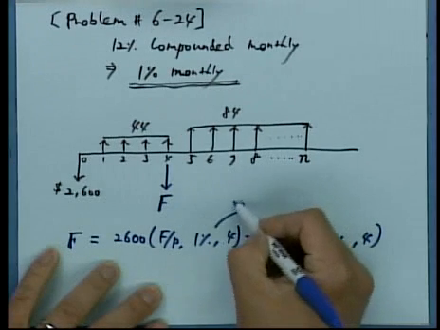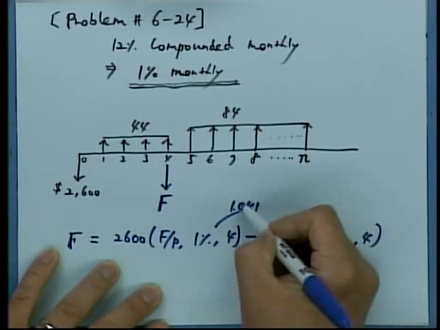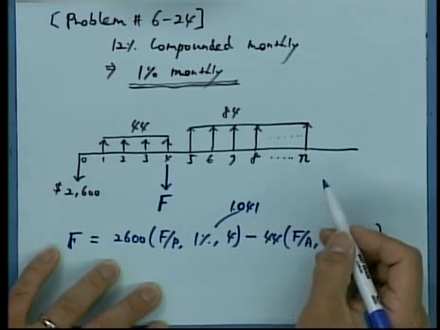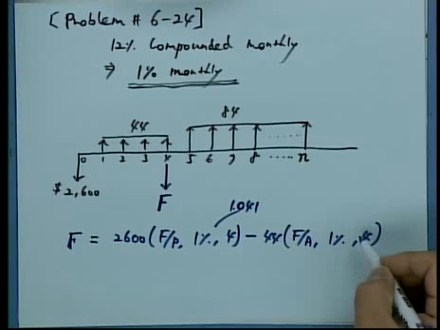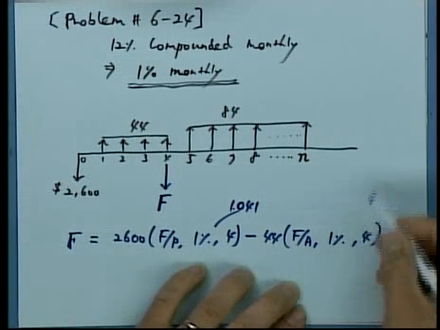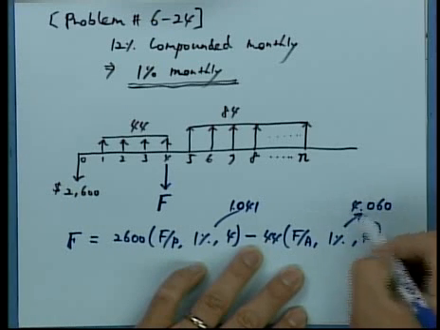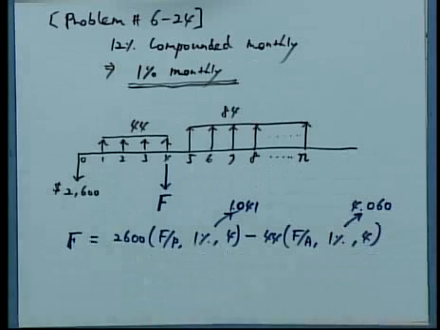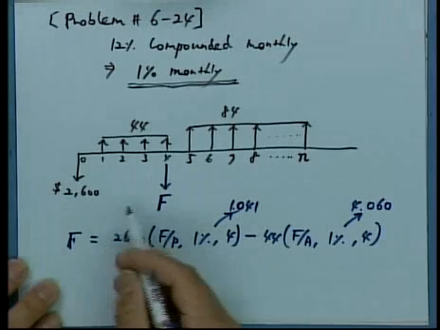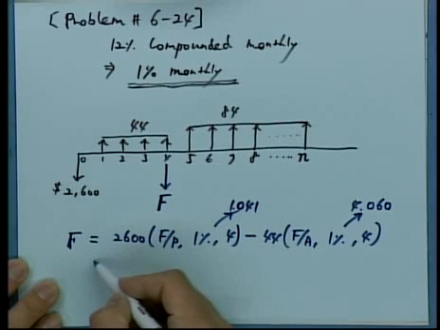This is 1.041. F given A over 4 periods is 4.060. 4.060. Okay? Then how much is this?